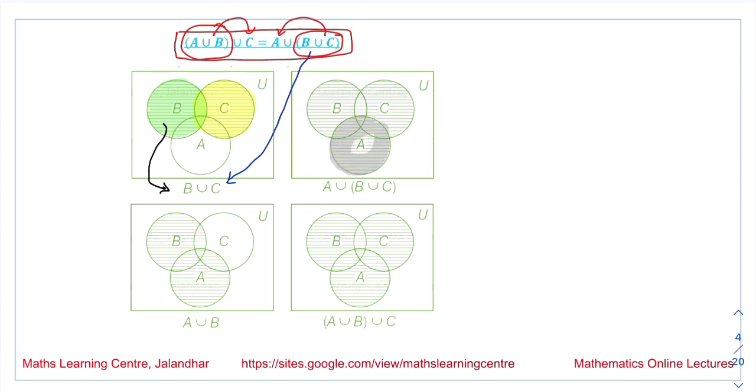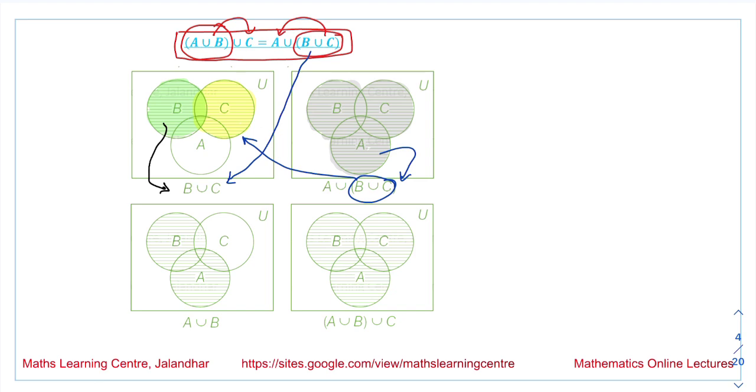This complete region represents A union B union C. B union C we have already done, and then we took the union with A, and this shaded region is represented here.